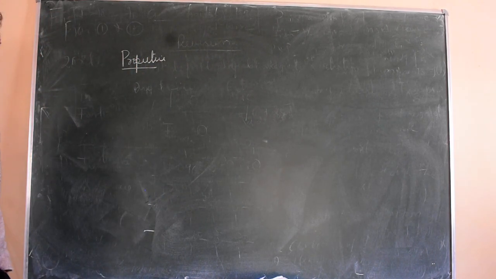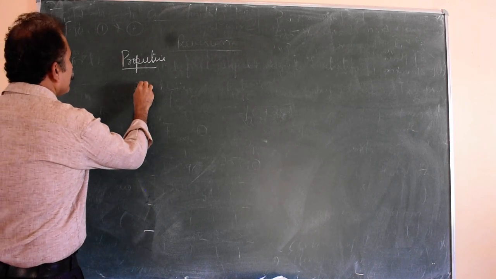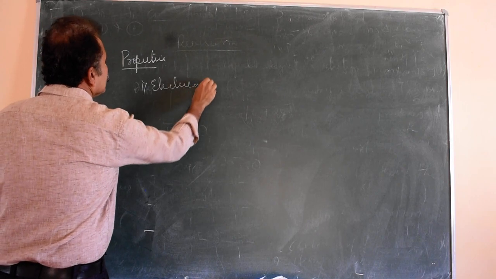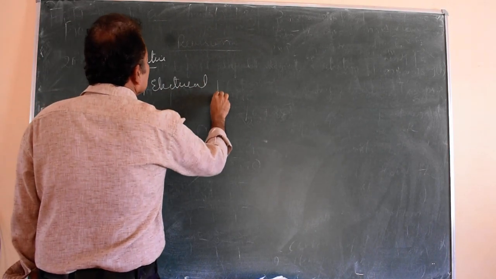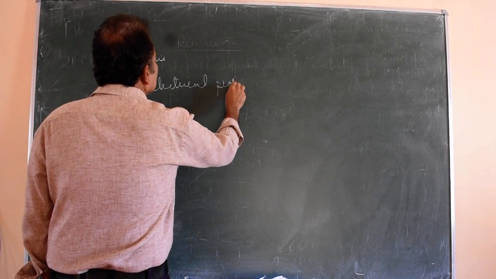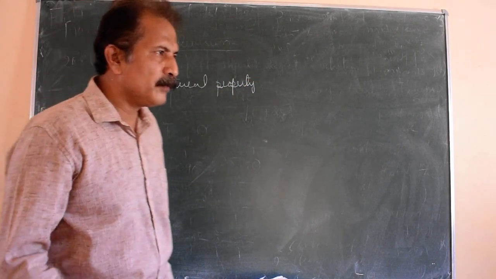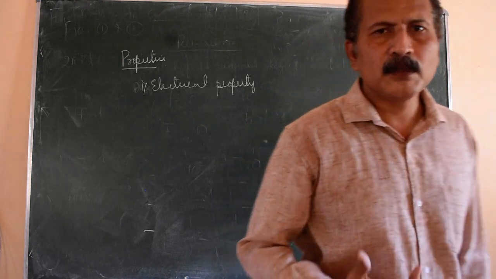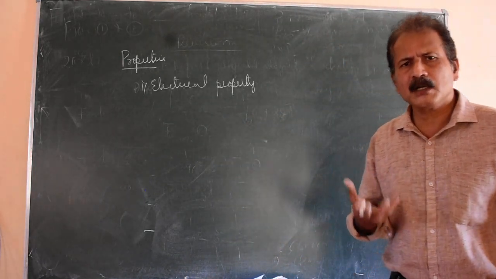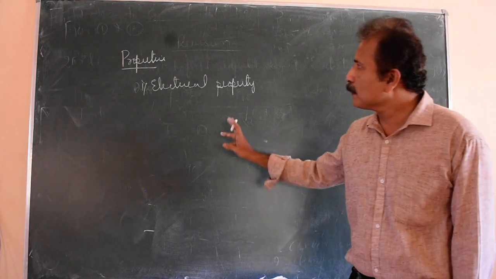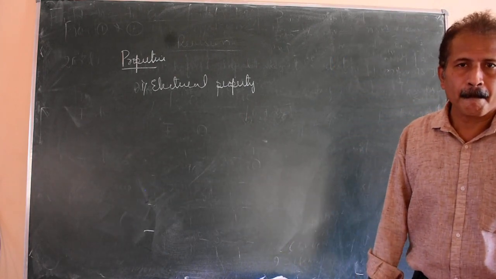In properties, the first property that you learn is the electrical property. Solids will show you some conductivity. There are almost 27 orders as far as the conductivity of solids is concerned.